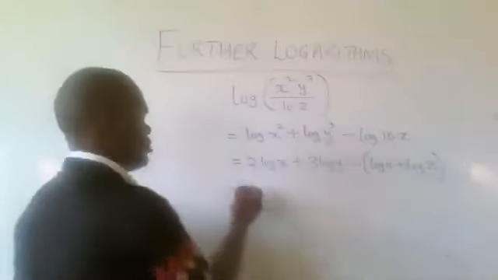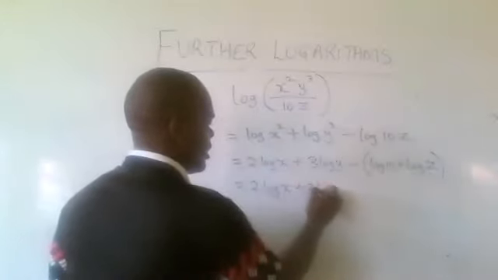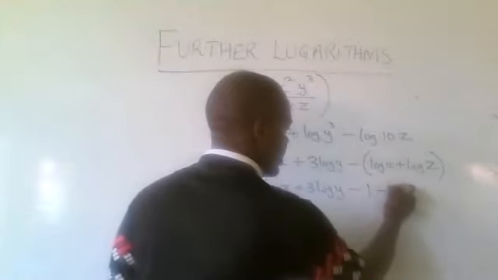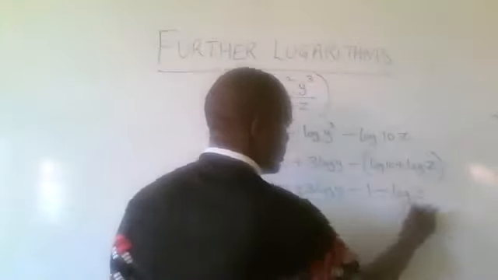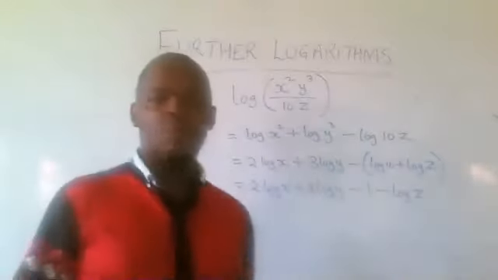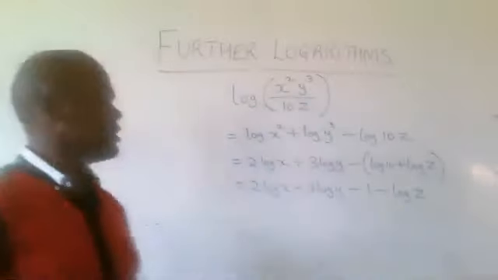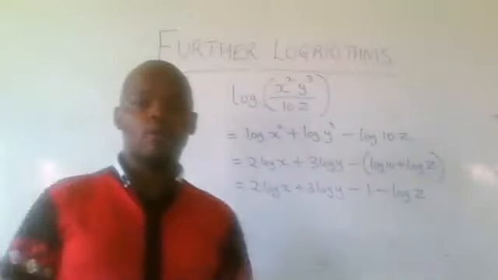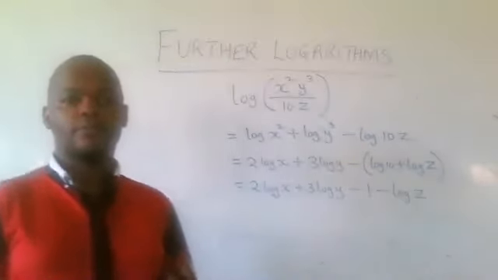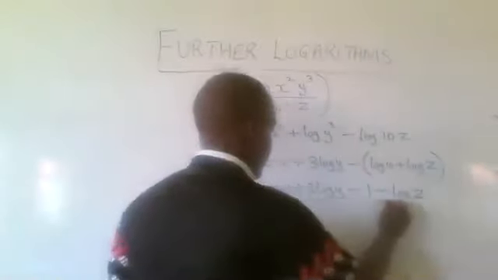So this comes to 2 log x plus 3 log y minus 1 minus log z. Take note that log 10 is 1. So that is the final answer. We have expressed it in terms of log x, log y, and log z.